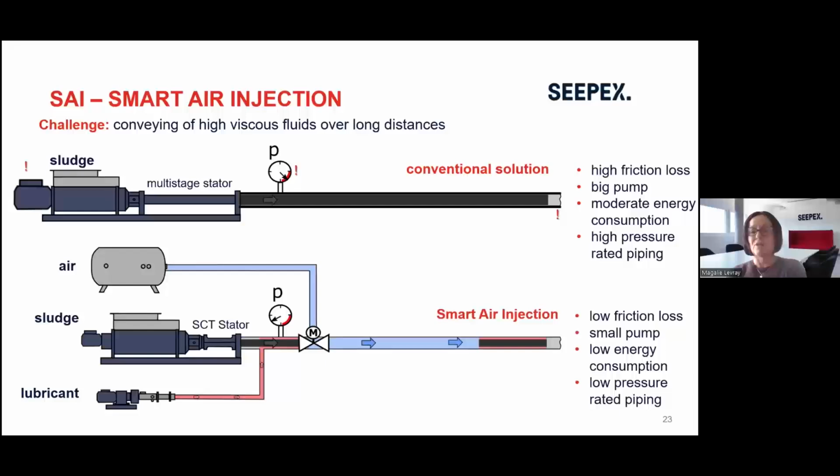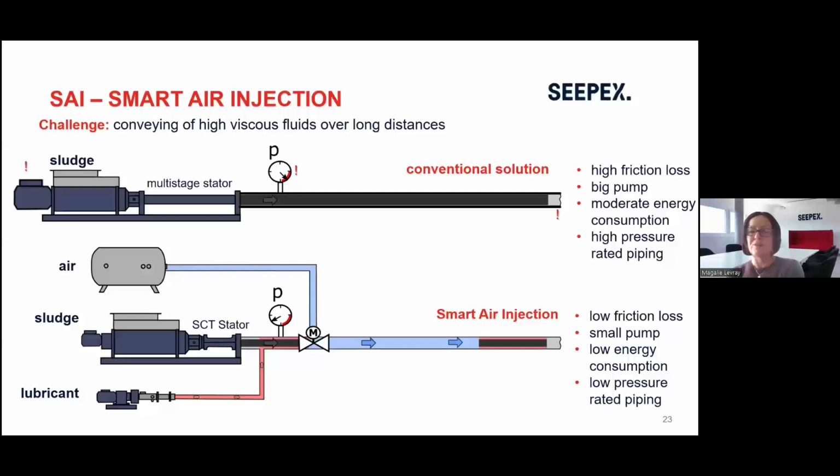So whenever we're going to reach a given set pressure, we will have an injection of compressed air, and this compressed air will push the dense phase paste tailings that is inside the discharge pipe.